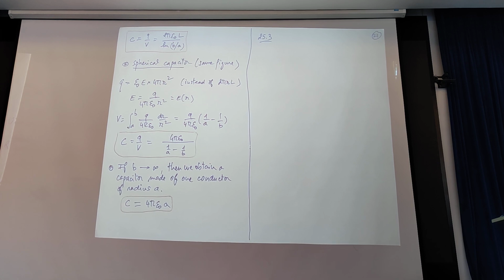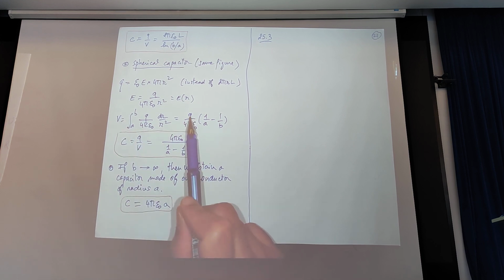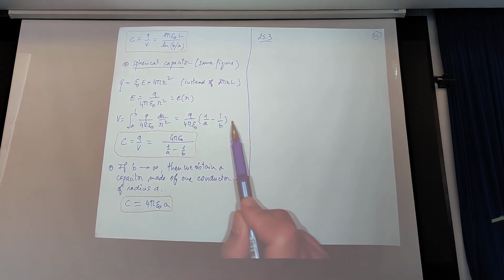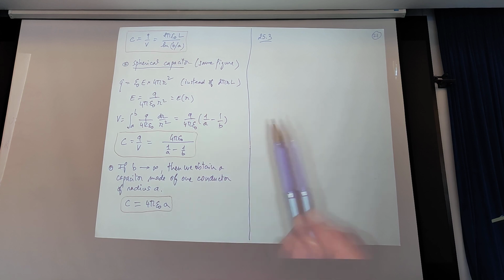There is no more Q here, because if you make Q over V from the previous equation, there is no Q. Okay? So again, the capacitance of a capacitor only depends on the geometry. It's an intrinsic characteristic property. Any other question?